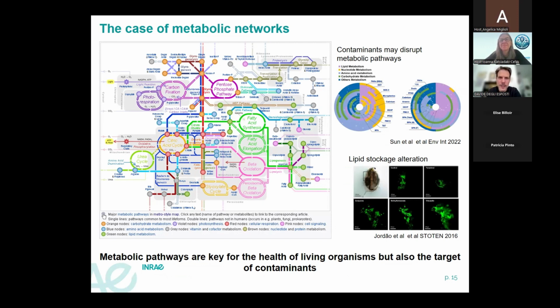And metabolic pathways are important to understand the contaminant impact, because contaminants can disrupt them, and we have many examples in different species of the effect of contaminants on lipid metabolism.